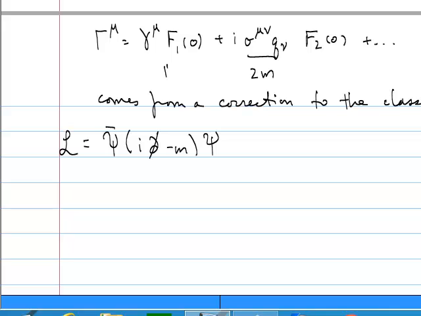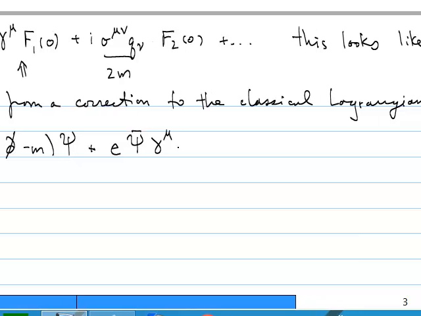Well, this first term just looks like the usual interaction term between an electron and a photon, which is e times psi bar gamma mu psi times, so that would be f1 of 0, A mu. Okay? So it describes a three-point interaction between two electrons and a photon.